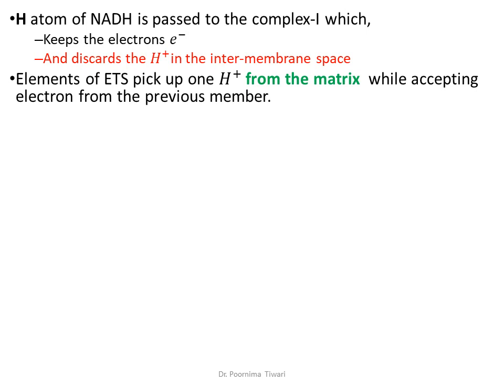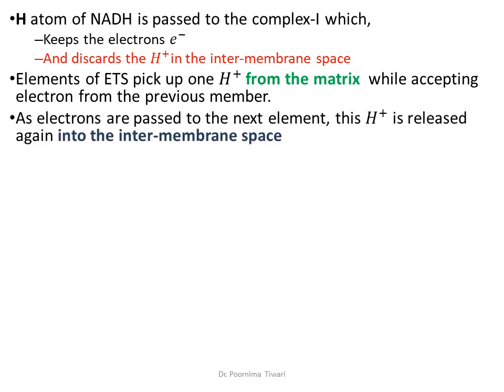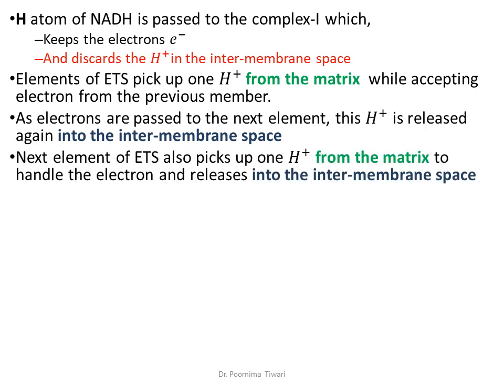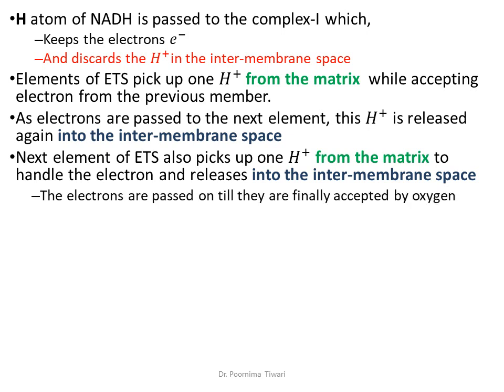As they pass the electron to the next element, this H ion or proton is released into the intermembrane space again. The next element repeats the same thing. So the electrons are passed on with corresponding shift of protons from the matrix to the intermembrane space till the electrons are finally accepted by oxygen.